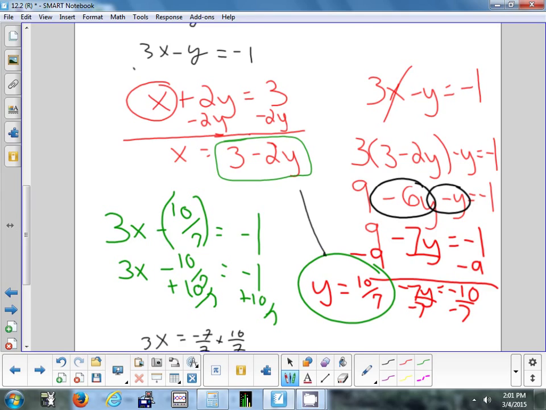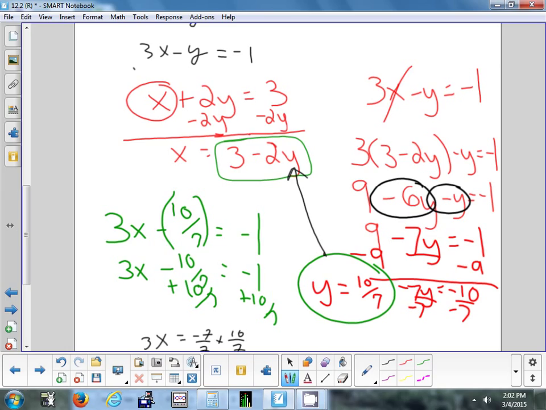I would have done this. Fill in y in the equation that already has x by itself. Then you don't need to deal with this 3. Then all you have to do is take y, double it, and do 3 minus 2y.